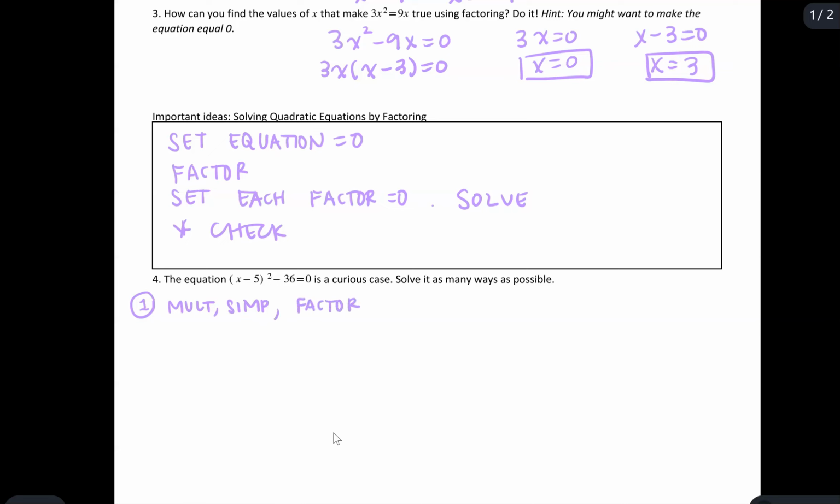So if I multiply that out, remember that's (x - 5) times (x - 5). So this will be x squared - 10x + 25.